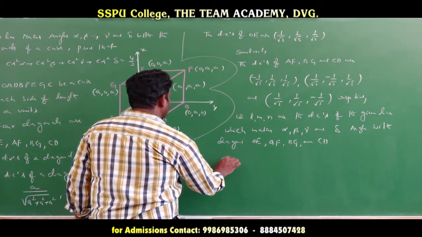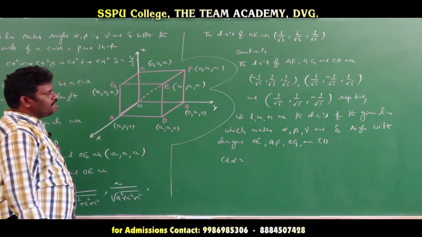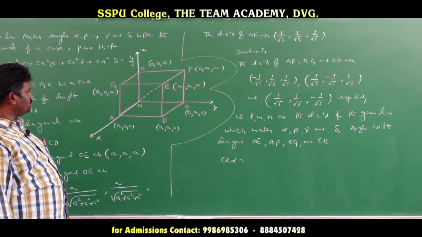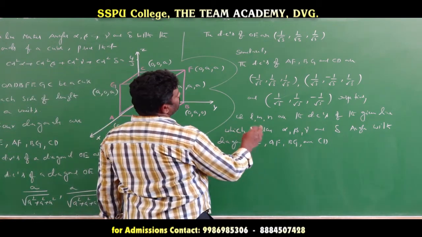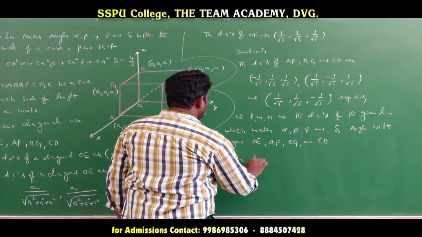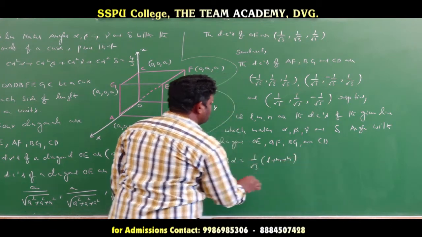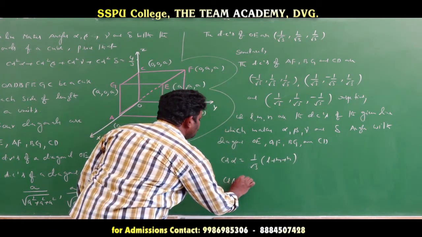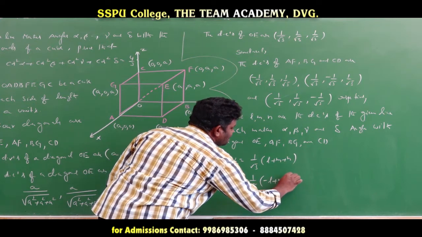So first, cos alpha with OE: l, m, n making an angle with OE, whose direction cosines are these values. So 1 by root 3 common, 1 by root 3 into l plus m plus n. Again cos beta, 1 by root 3 into minus l plus m plus n.